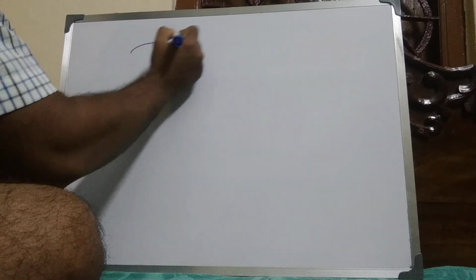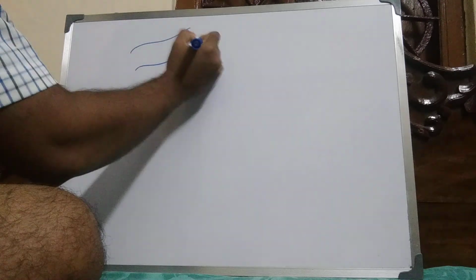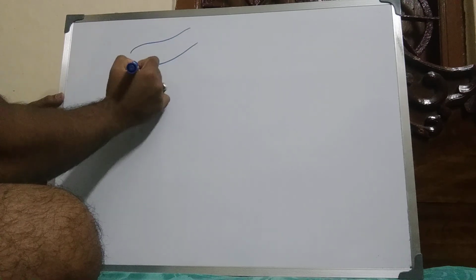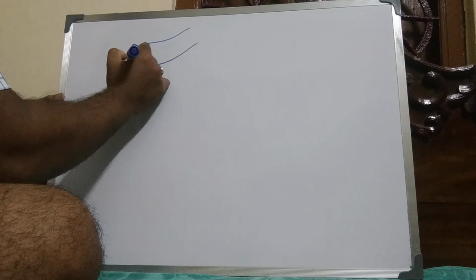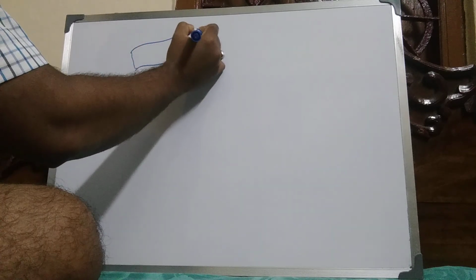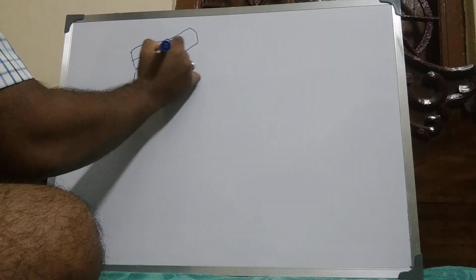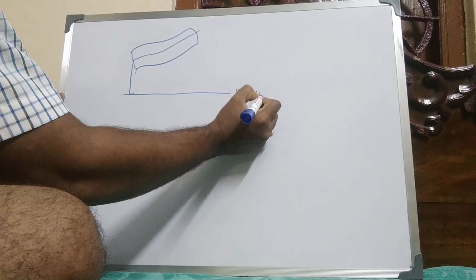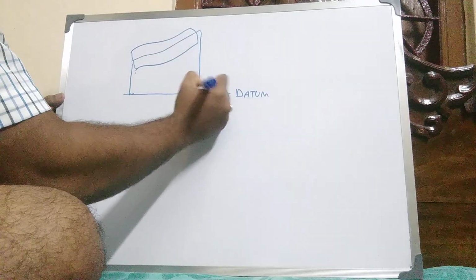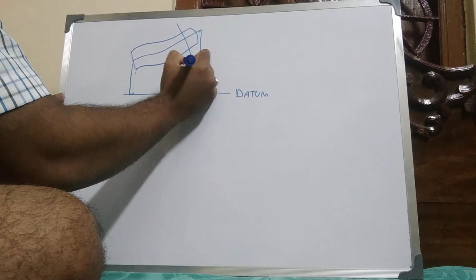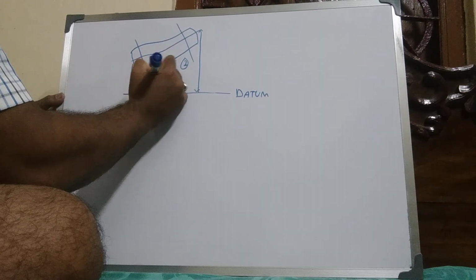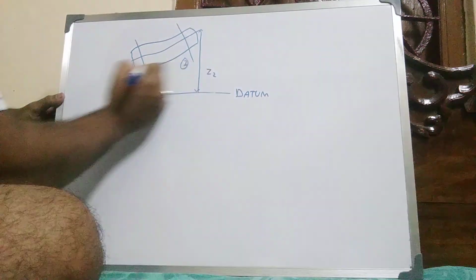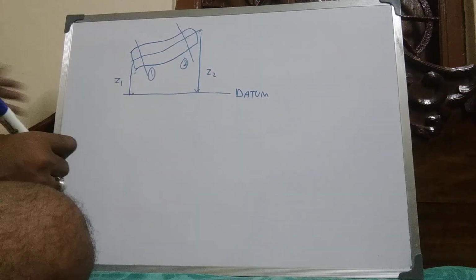Now suppose this is a pipe or a duct, and this is the height, this is a datum line, this is section 2, this is section 1, and this is Z2, this is Z1. Understand?